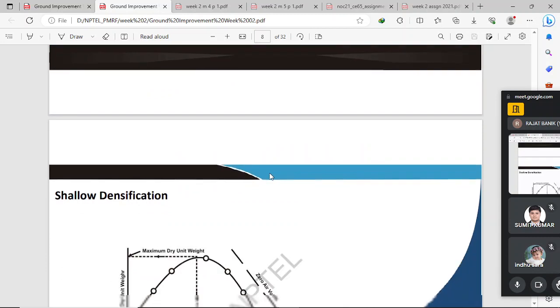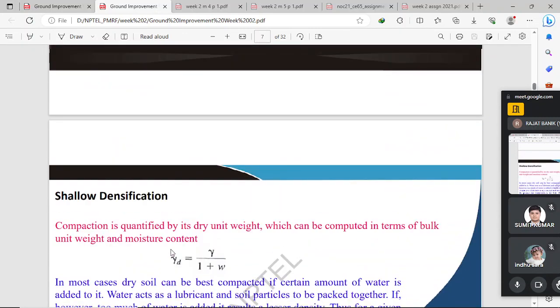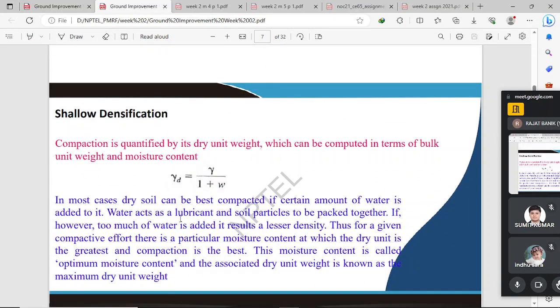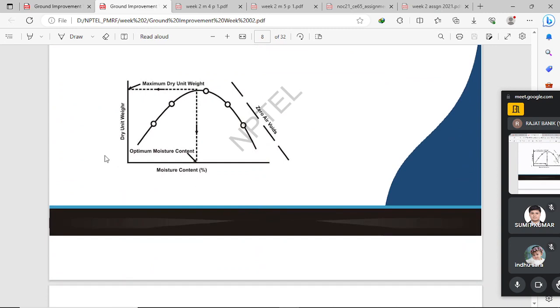Moving ahead, here we see a compaction curve. On the y-axis it is dry unit weight, and on the x-axis it is moisture content. Here you see that gamma d is equal to gamma bulk by 1 plus omega. By this formula we create that type of curve.